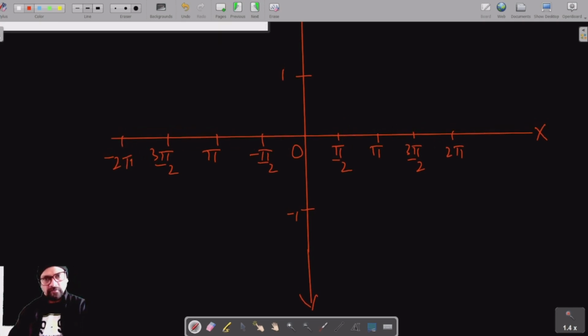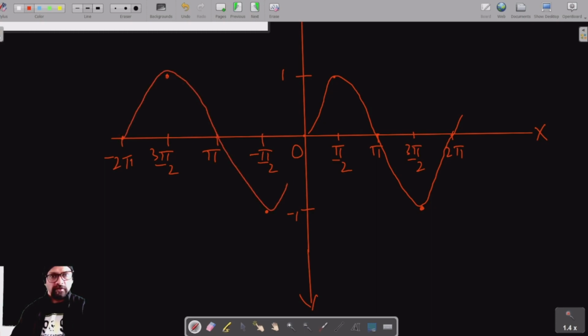Sine 0 is 0, sine pi by 2 is sine 90 is 1, sine pi is 0, sine 3 pi by 2 is -1, sine 2 pi is 0. So on this side, the graph is this curve, and on the negative side sine negative pi by 2 is -1, sine negative pi is 0, sine negative 3 pi by 2 is 1, and sine negative 2 pi is 0. So this is the graph on this side.